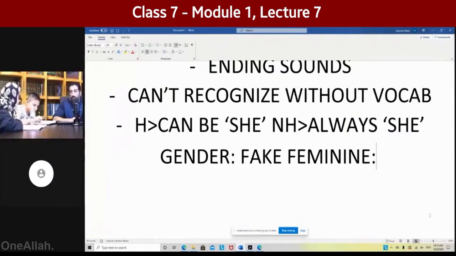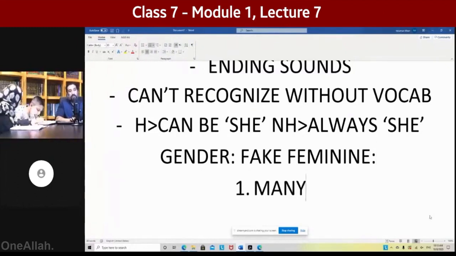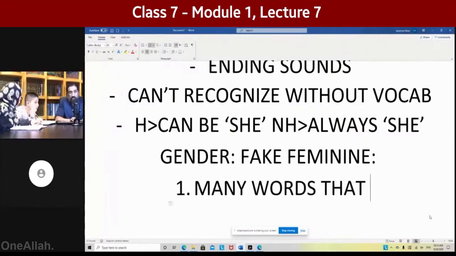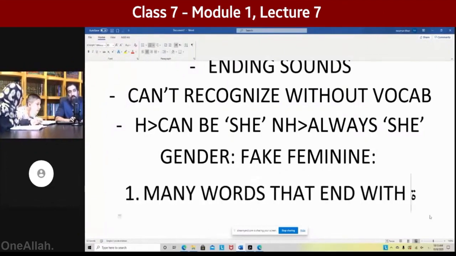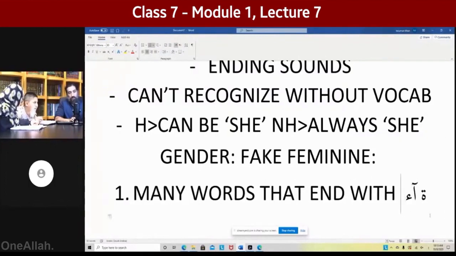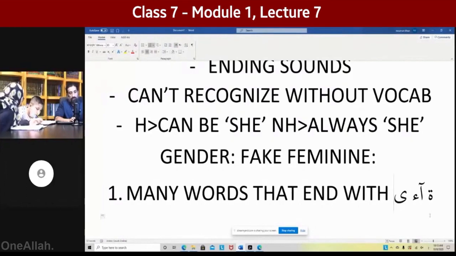So we only study fake feminine. Fake feminine was many words, not all words. See careful language: many words that end with this guy, the hijab, the squiggly, and Superman with a dagger. Ta marbuta, alif mamduda, alif maqsura. Many of those words can be.